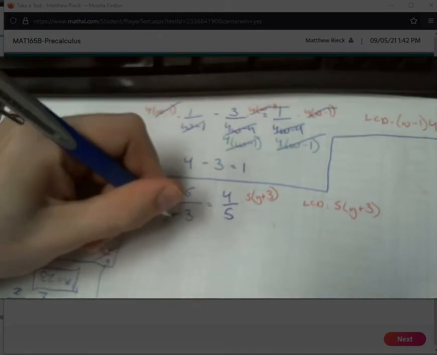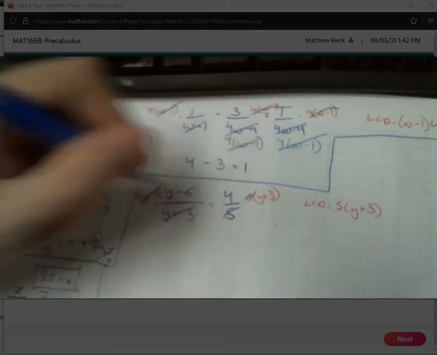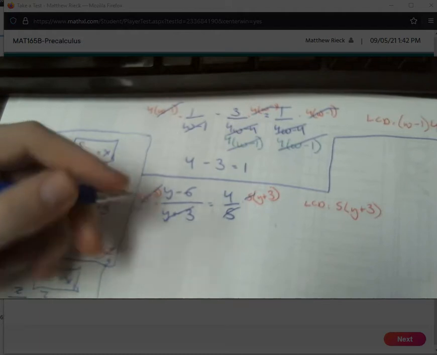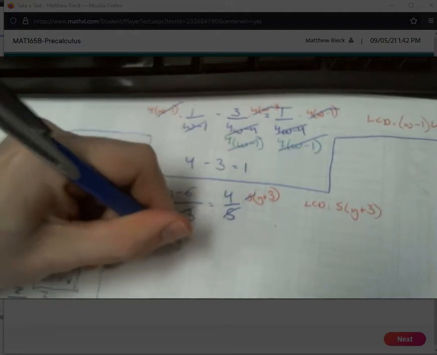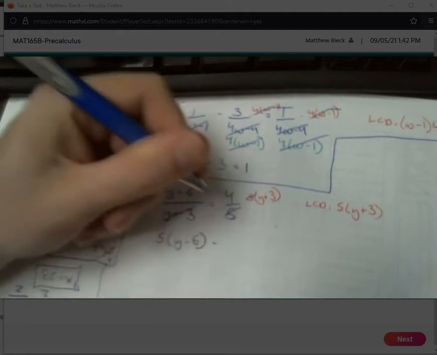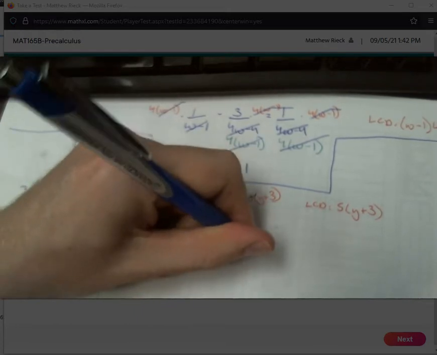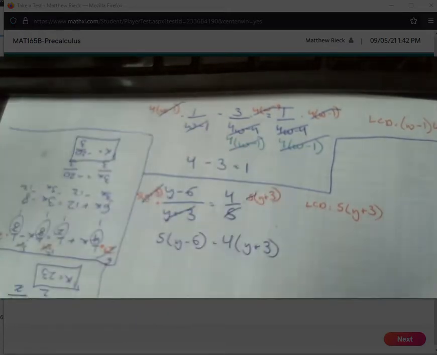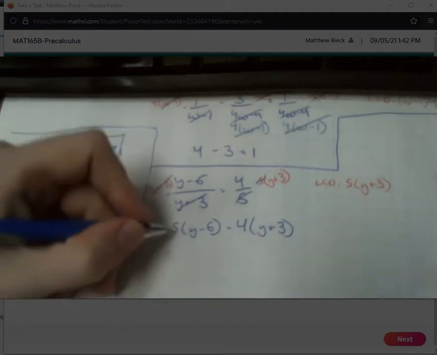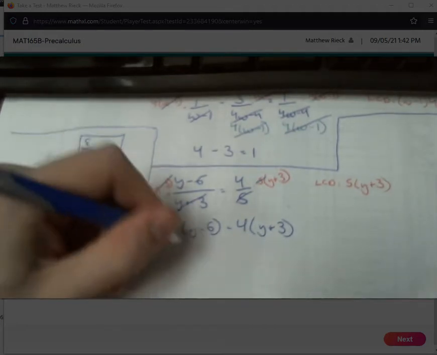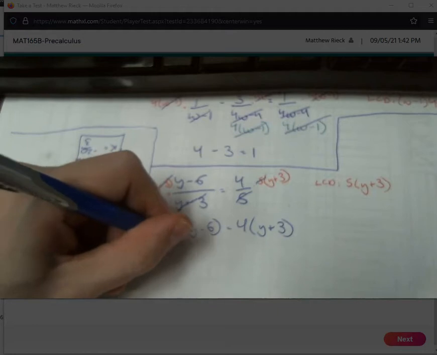All right, so here the y plus 3's will cancel. Here the 5 will cancel. So we're left with 5 times y minus 6 equals 4 times y plus 3. Again, this is just a linear equation now.